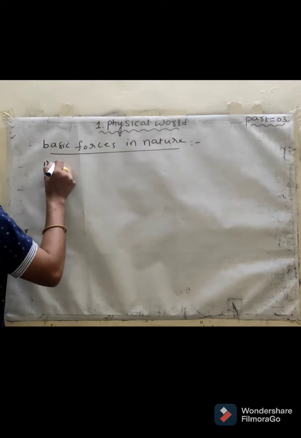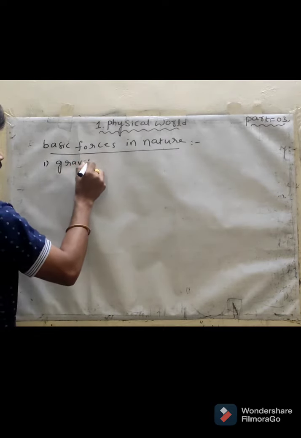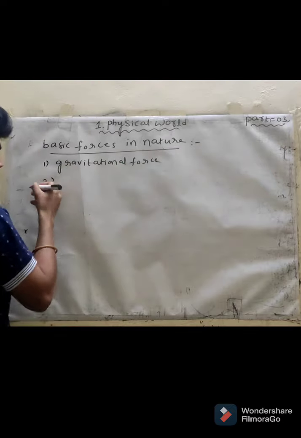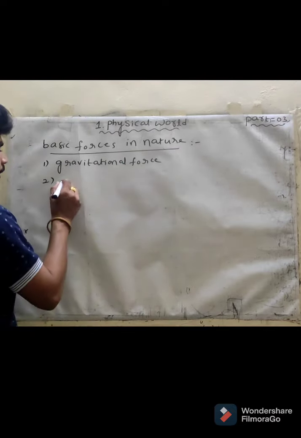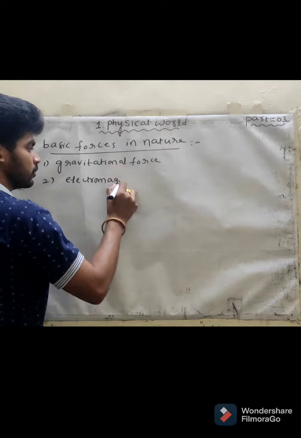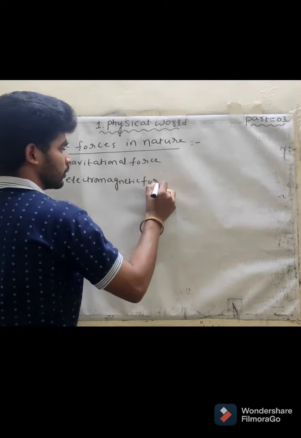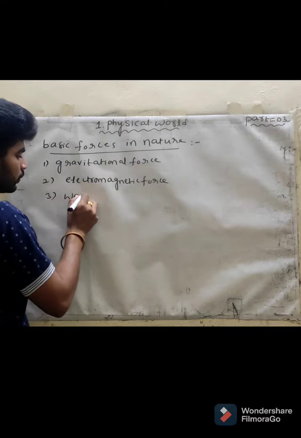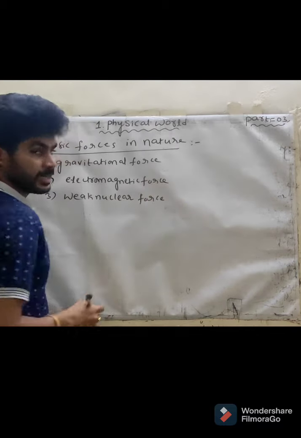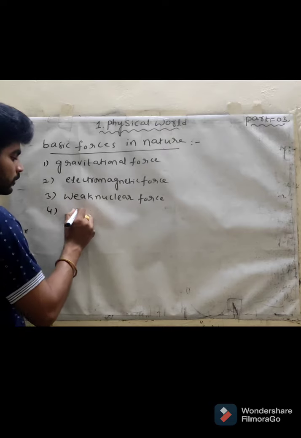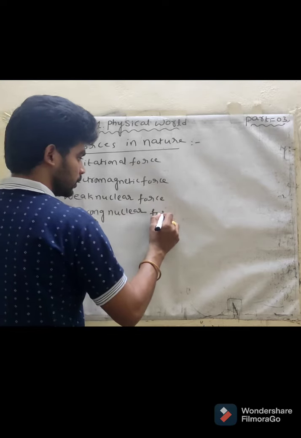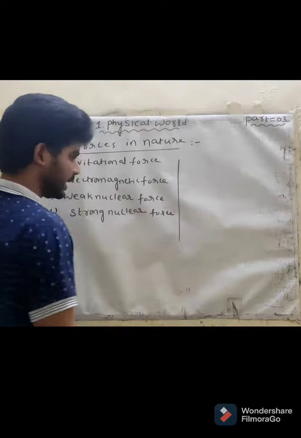The first one is gravitational force, the second one is electromagnetic force, the third one is weak nuclear force, and the fourth one is strong nuclear force. One by one we will explain in detail.